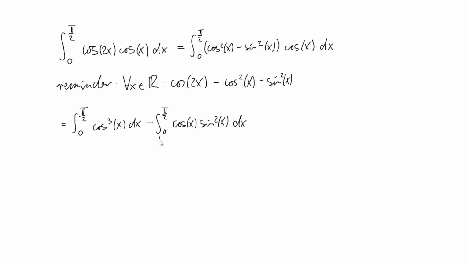So let's call this I2 and let's call this I1, and let's solve both separately. So we have I1 is then the integral from 0 to pi over 2 of cosine to the third of x dx.